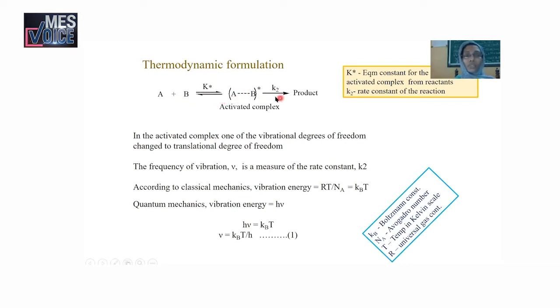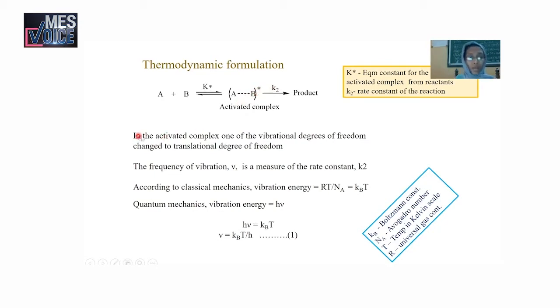And k2 is the rate constant for the conversion into product. The rate of the reaction depends on the concentration of the activated complex, that is, how much of the formed activated complex is converted into product, because there is a chance of converting the activated complex back into the reactant.